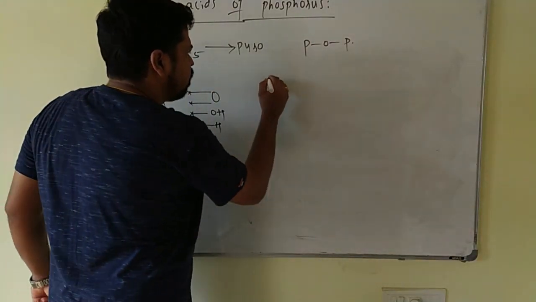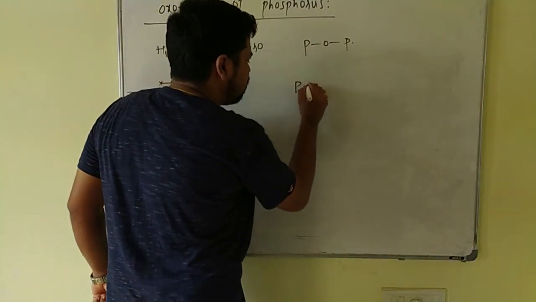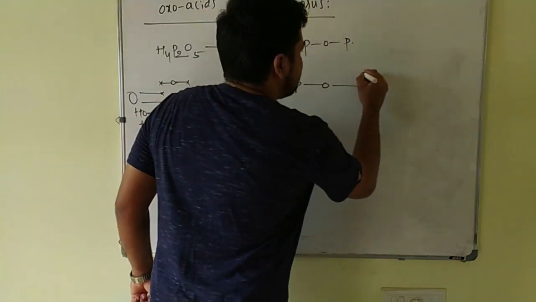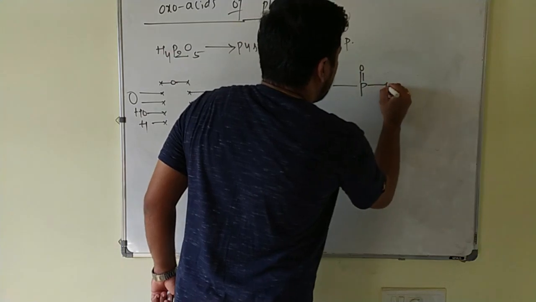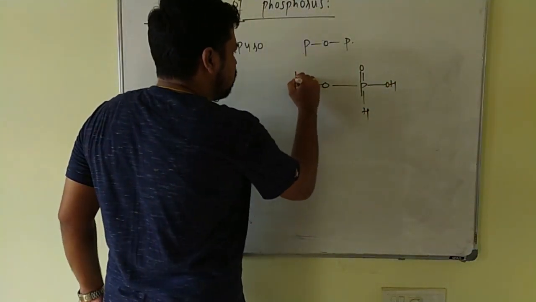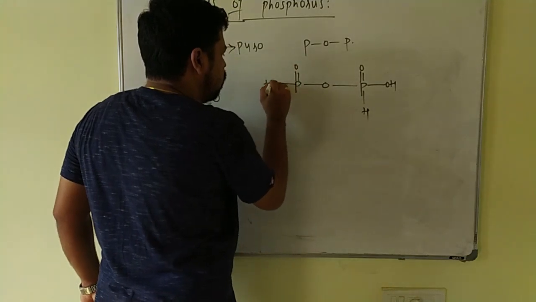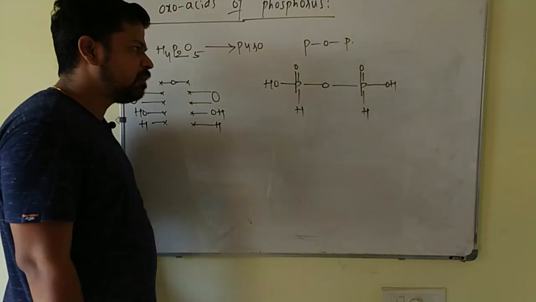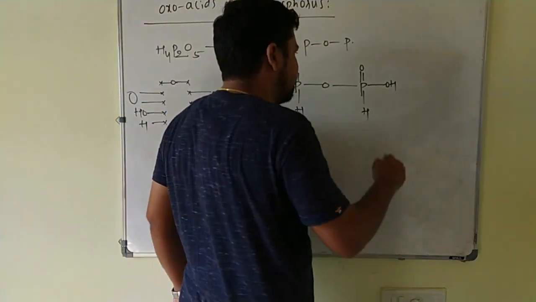I'll write here. This is phosphorus. 2 phosphorus atoms are connected by the oxygen. Next, each has one double bond O and one OH, and a P-H here, and the same on the other side. Now what is the oxidation state of this phosphorus?